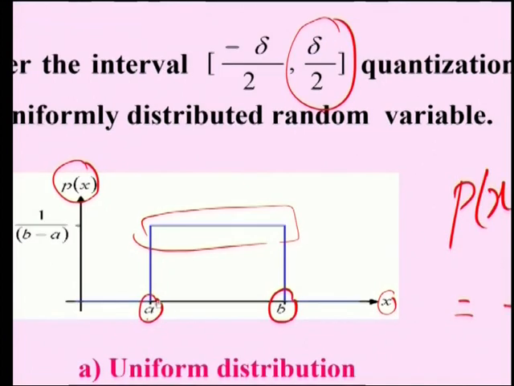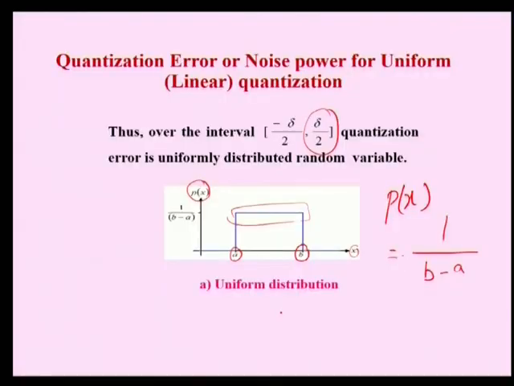The higher value is del by 2 and the lower value will be minus del by 2. If a and b are the lower and higher values, then the probability is given by 1 by b minus a, and if the lower value is minus del by 2 and the higher value is plus del by 2, then what is the probability density function?